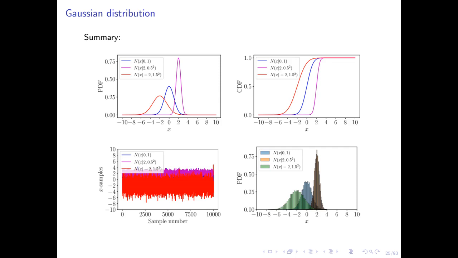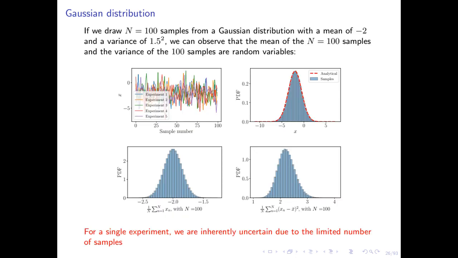And so just to reiterate that point, if I take 100 data points, I perform an experiment, I generate 100 data points from that distribution. On this curve, I show 5 experiments. Each experiment contains a new realization of that process, and it contains 100 data points in it.